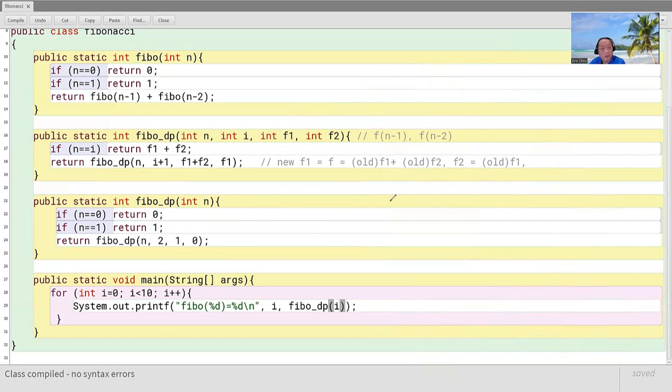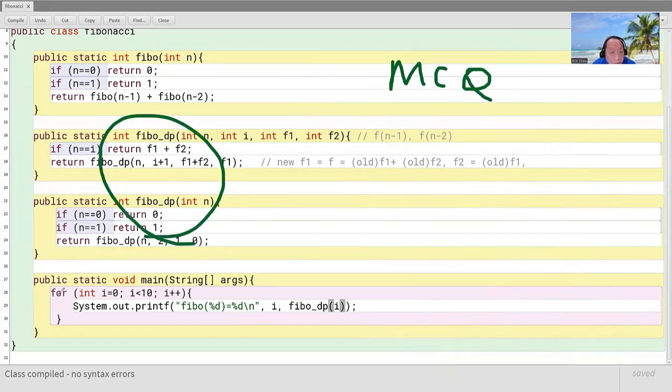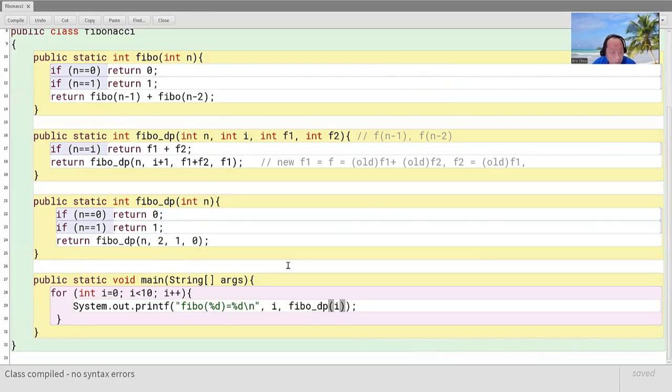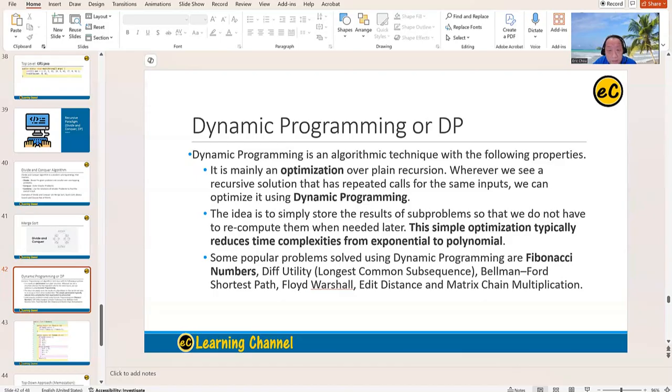And when you solve the problem, you need to know that if you look at the so-called multiple choice problem, this one will be faster. Okay, let's continue.